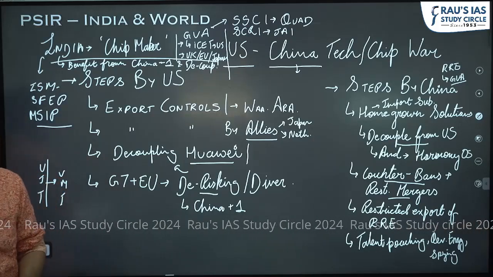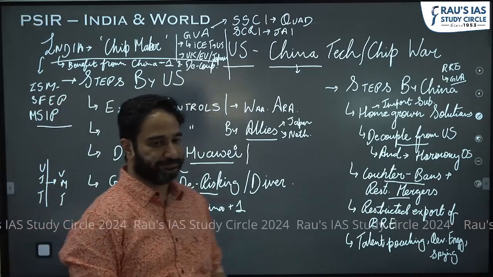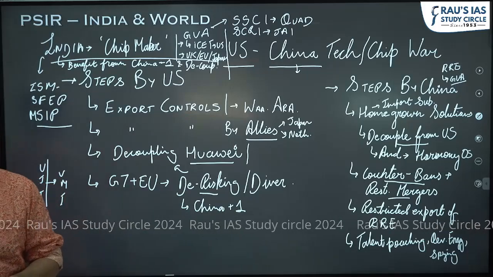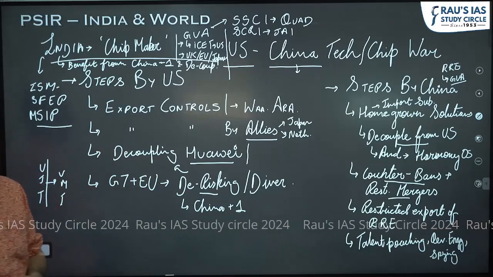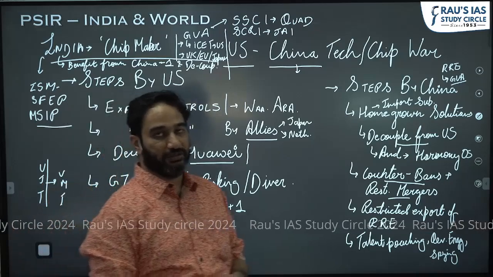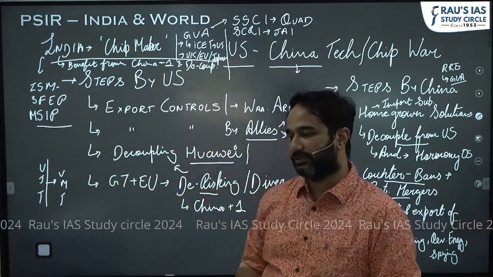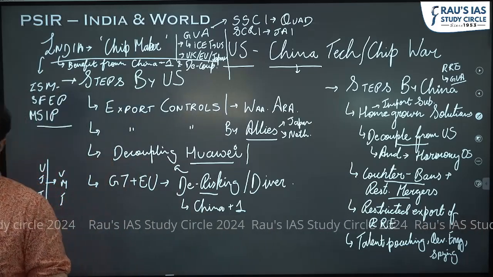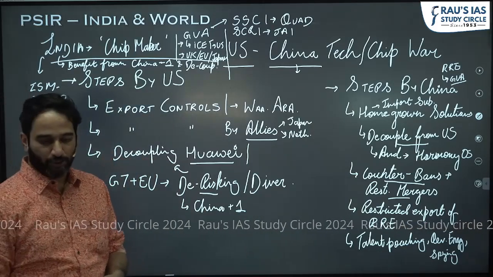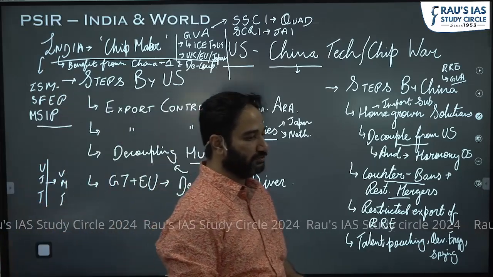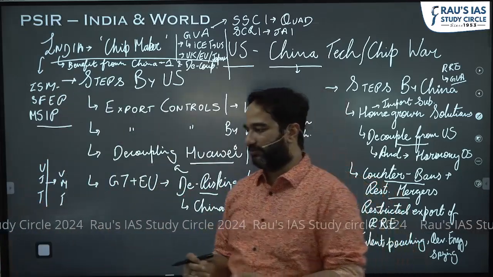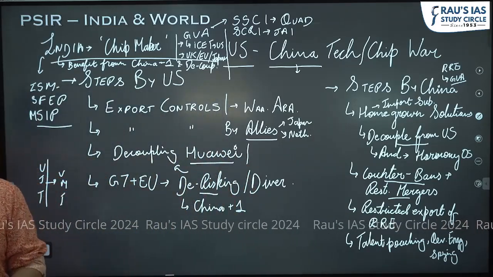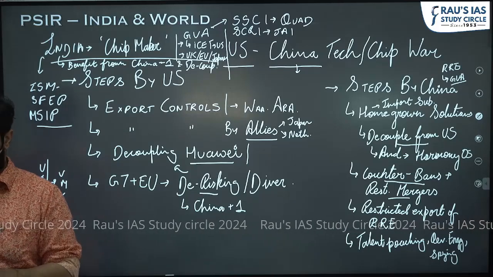Chris Miller has argued that India needs to find a niche, N-I-C-H-E, for itself in the global value chain in semiconductors.